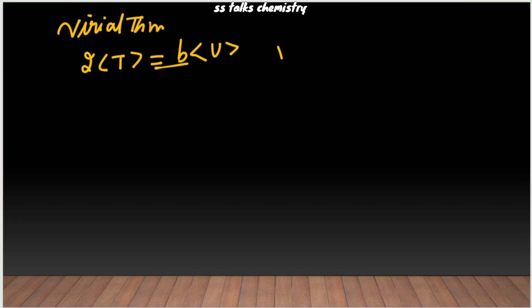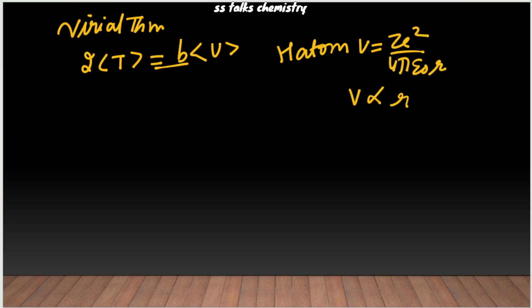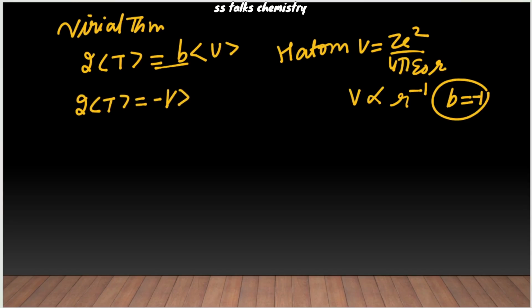So in the hydrogen atom systems, the potential energy we have is Ze square upon 4 pi epsilon naught into R. So potential is proportional to R raised to the power of minus 1. So B value is minus 1. So that means 2 times the kinetic energy is minus of the potential energy.